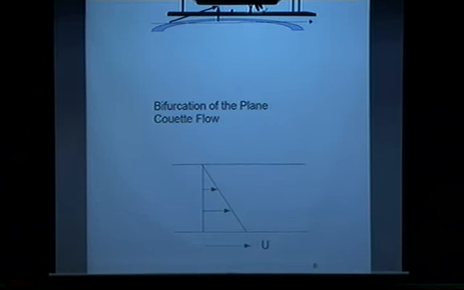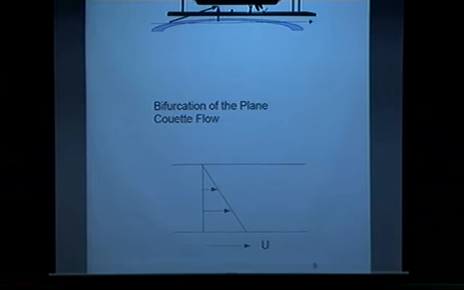And in the compressible Navier-Stokes equation, the flow field is a linear profile like this way. Okay, and we want to consider the bifurcation of this flow. In the Navier-Stokes equation, it is mathematically proved that it is linearly stable for all Reynolds numbers, and people have not found how the solution bifurcates.